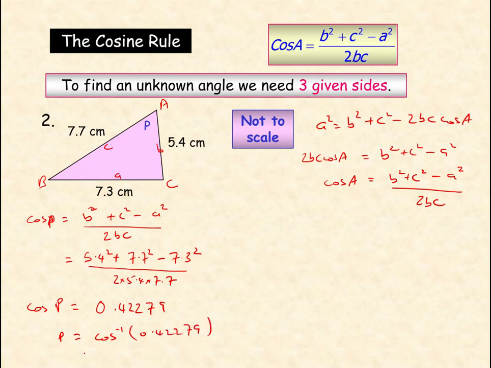So on your calculator you do shift cos, and this should still be in your memory, so shift cos answer. And I got 64.99 degrees, nearly 65, but we go to 2 decimal places.